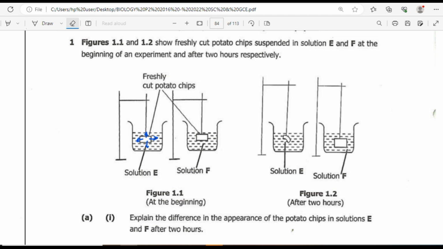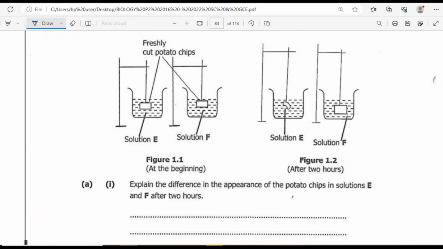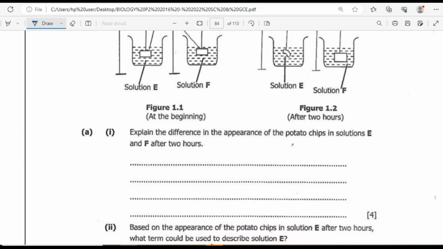Then if you look at solution F, the opposite happened. For this one, we can see that there was a gain of water because the size increased. So now, after we have this full information, one potato chip lost water, then the other potato chip gained water. Now let's see how we can put this information into answering questions.